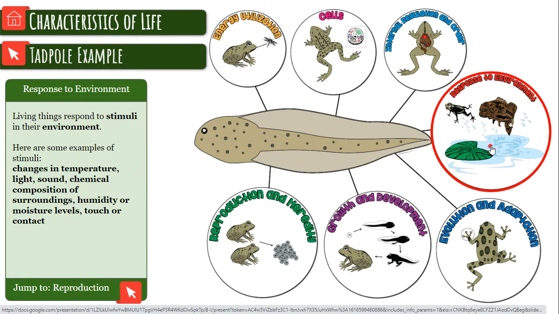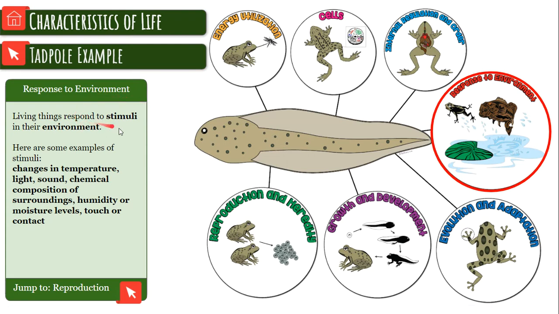The next characteristic we're going to look at is respond to the environment. So living things will respond to stimuli in their environment. And then a few examples of different stimuli. So for example, changes in temperature, we would respond by sweating or shivering to try to maintain our body temperature.